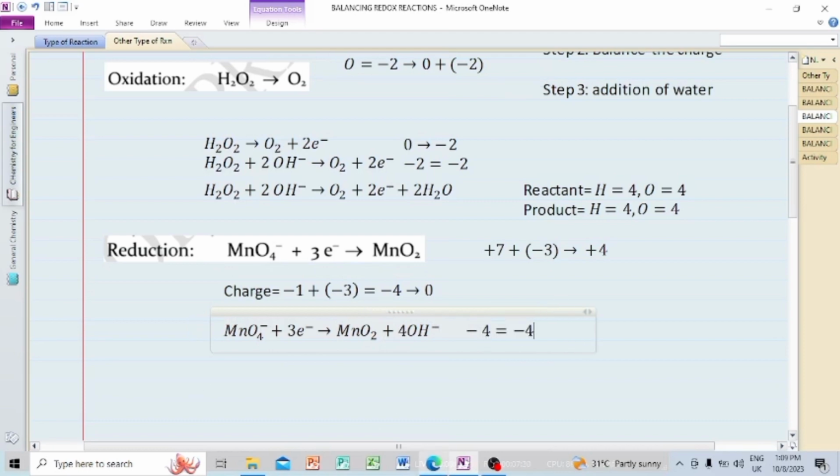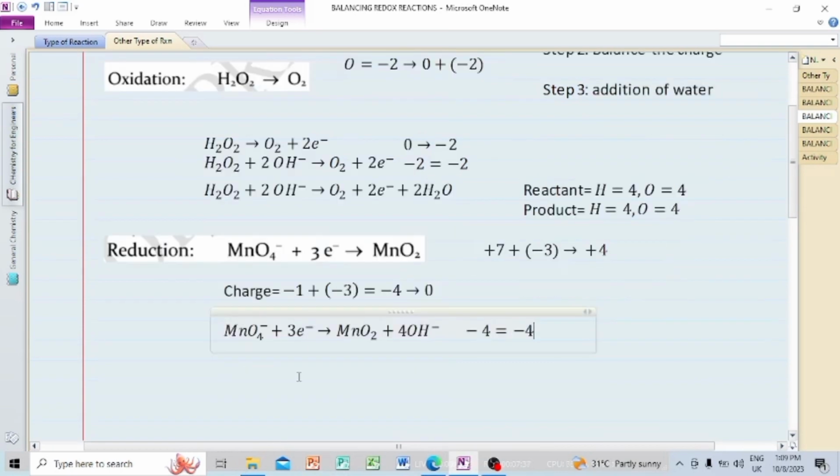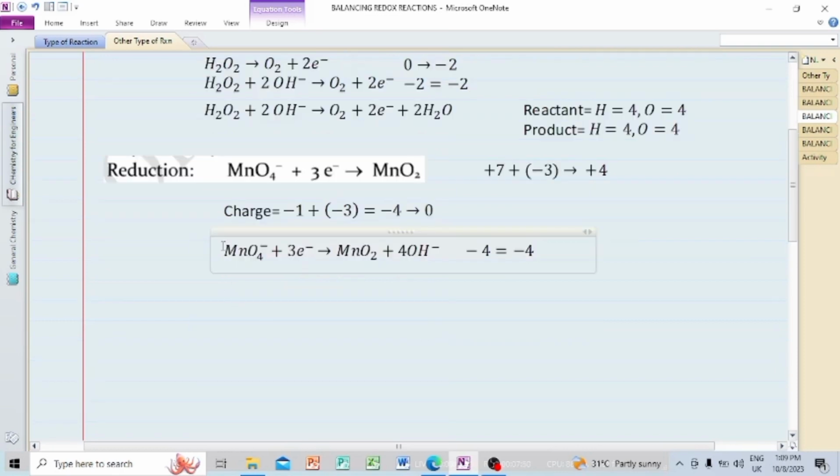So equal na yung charge nila. So since equal na yung charge nila, we will add water. Since this is basic solution, again, mag-add tayo ng water on the reactant side, since nag-add tayo ng hydroxide ion on the product side. So, let's copy this one.